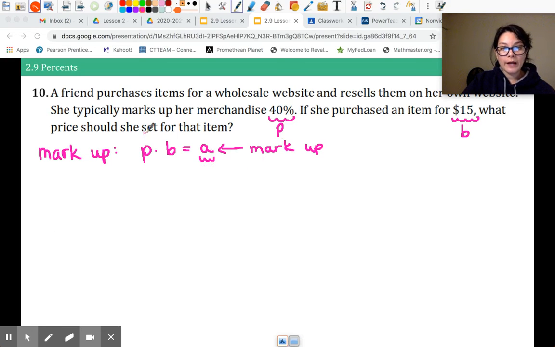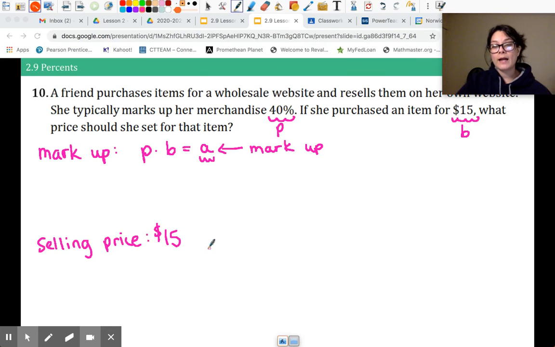And then to figure out what she's going to sell that item for, her selling price is going to be found by taking the price of the original item, which was $15, and rather than subtracting, we're going to be adding. Because remember, she's making it more expensive. She's adding to that price. So she's adding her markup. And that's what she's going to sell the item for.